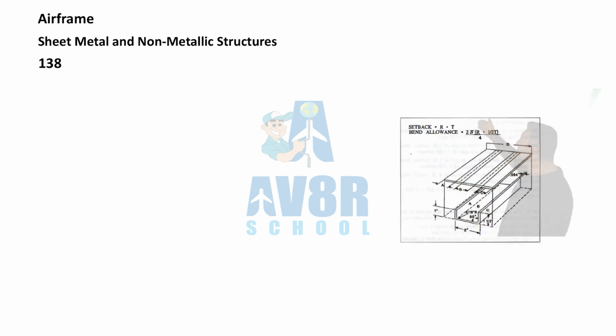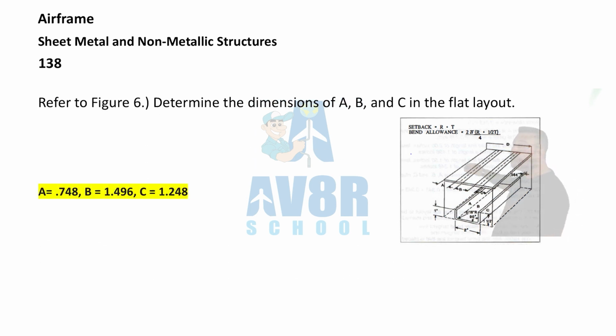Another figure here for number 138. A is 0.748, B you have it as 1.496, and C you have it as 1.248. So referring to figure 6, determine the dimensions of A, B, and C in a flat layout.